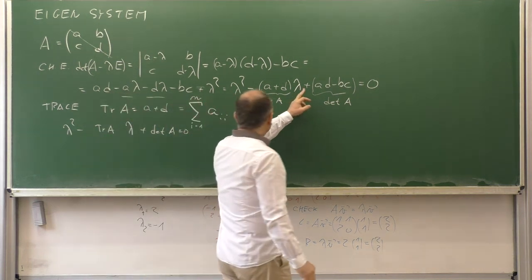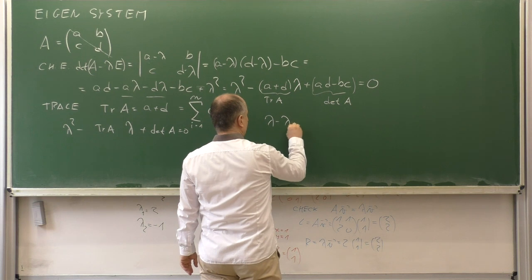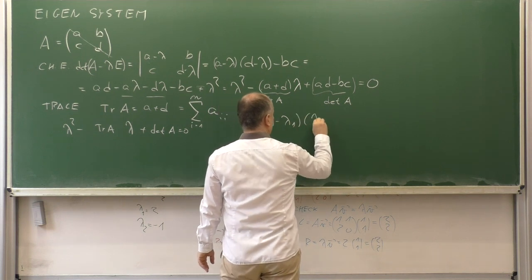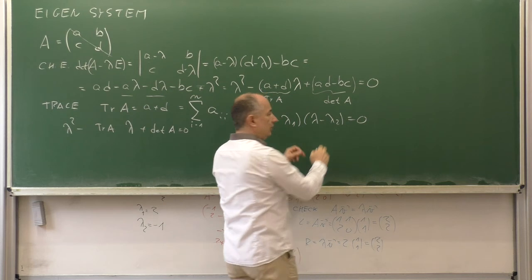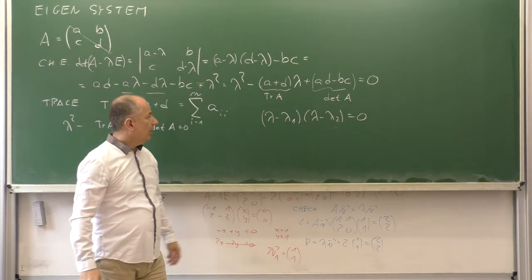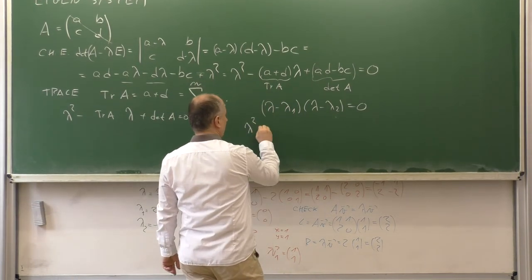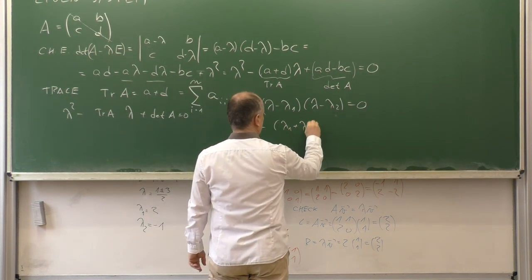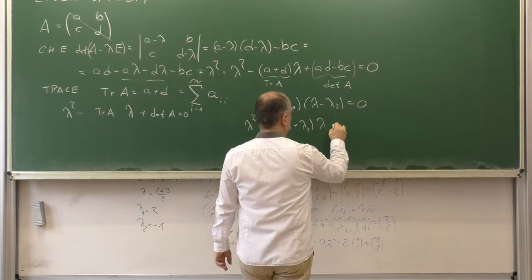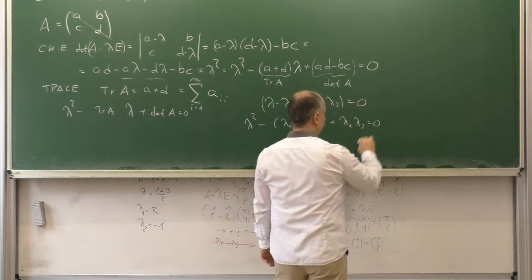But if we consider the quadratic equation in the form lambda minus lambda 1 times lambda minus lambda 2, where lambda 1 and lambda 2 are the roots, and if we expand this multiplication, we have lambda squared minus lambda 1 plus lambda 2 times lambda plus lambda 1 times lambda 2.